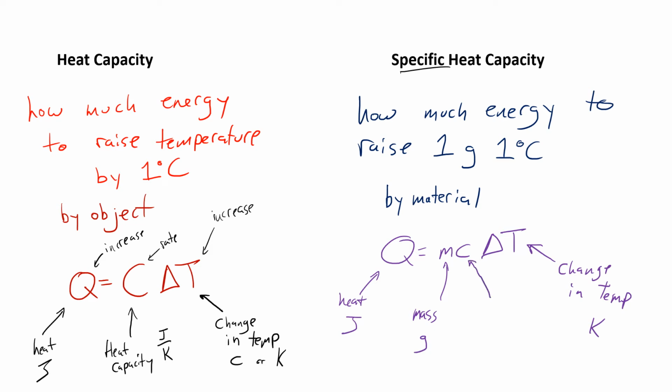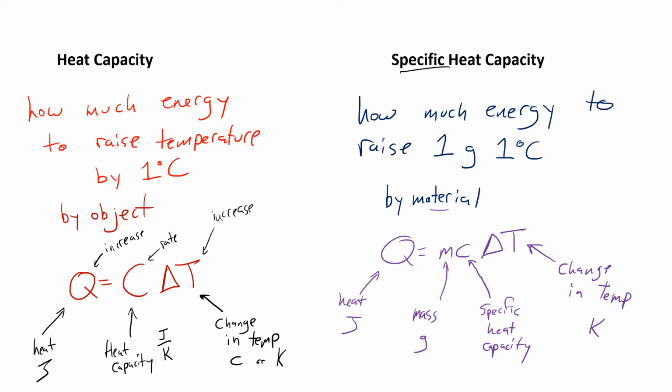And this guy right here is your specific heat capacity. All right, so this will depend on the material. So water has a specific heat capacity. Ice has a specific heat capacity. All of these materials have their own.